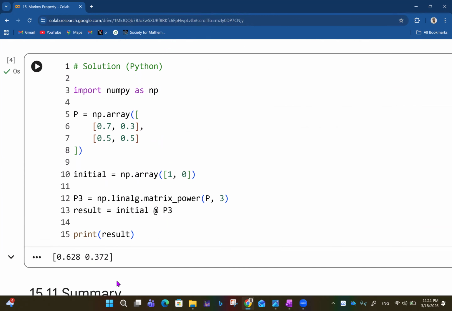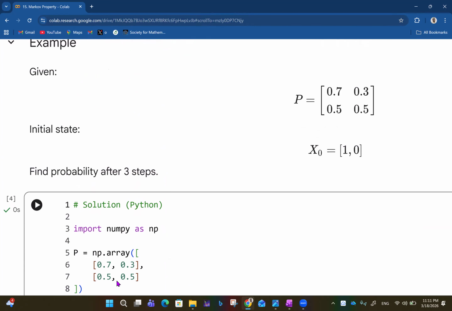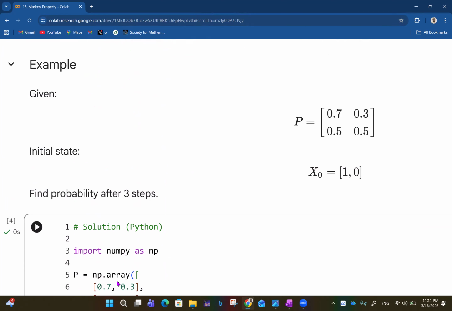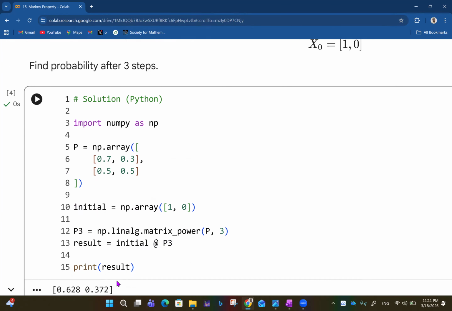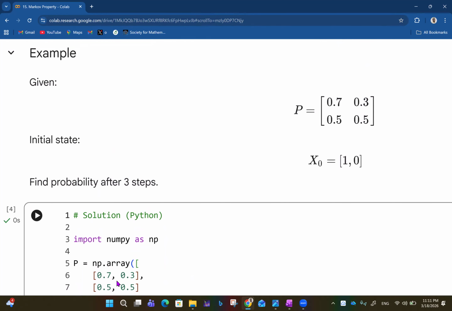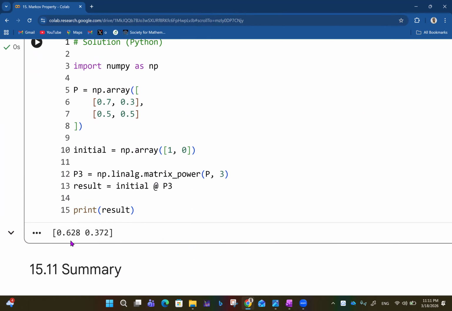It's just the basic probability thing, right? So we have 1 comma 0, which is 1 row by 2 columns, multiplied by a 2 by 2 matrix. Multiply them together in three steps, and we end up having 0.628 and 0.372.